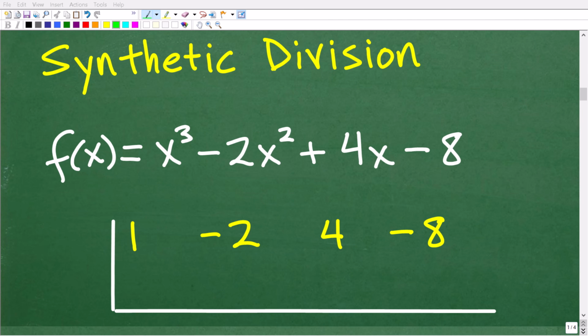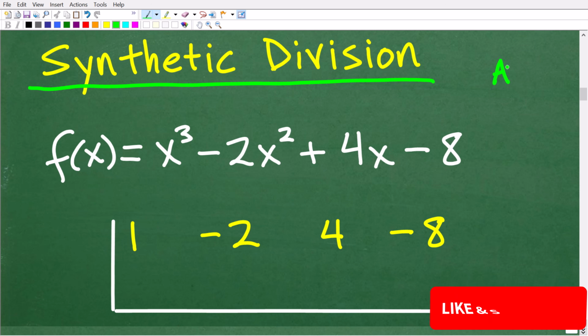So this next technique that we can use to evaluate this function for 2 is called synthetic division. And this is a part of a bigger topic that you learn in these more advanced courses like Algebra 2, College Algebra, and Pre-Calculus, and that is polynomial division.